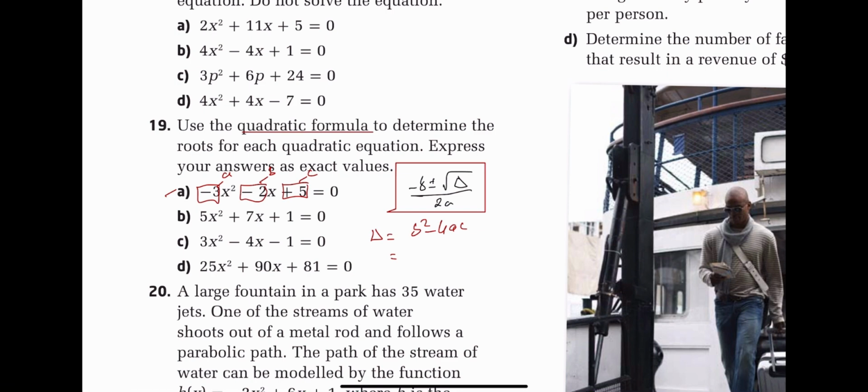Please remember that. In all the previous exercises they were positive, but in this one you can see they are negative. So make sure you get the sign also. Which is minus 2 squared minus 4 times minus 3 times 5, which is 4 plus 60, so it's 64. So my delta is 64.